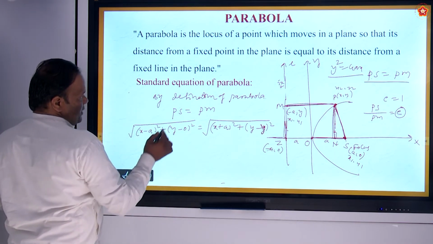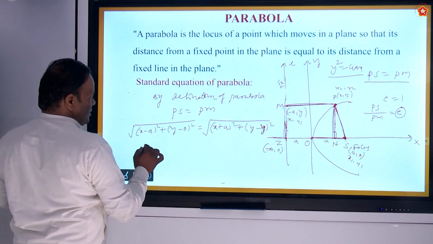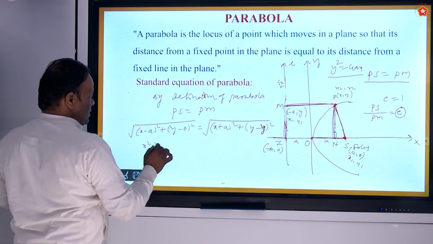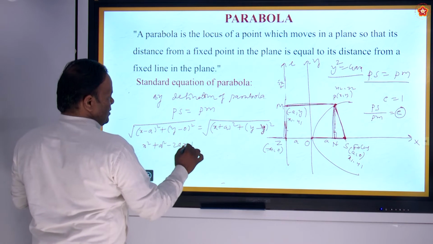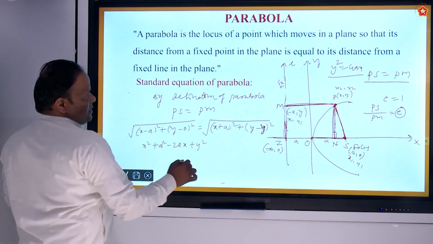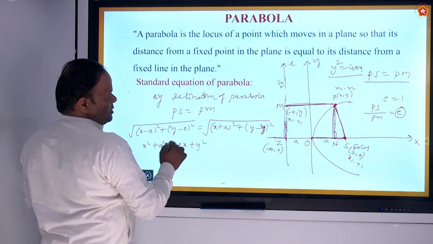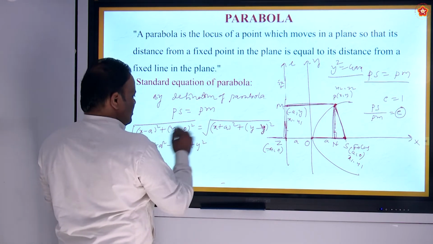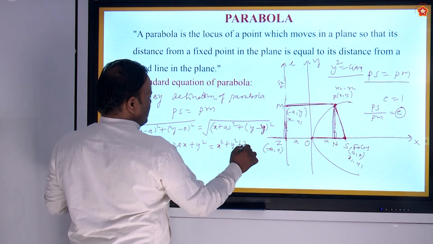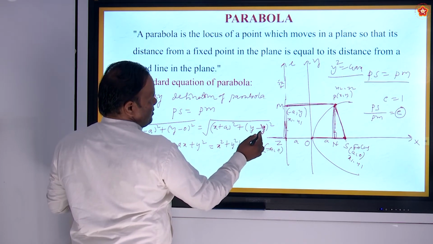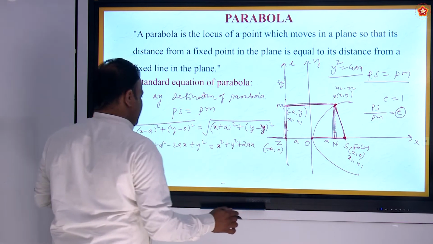Now squaring on both sides and simplification. This becomes x square plus a square minus 2ax plus y square. Squaring on both sides, the roots get cancelled, and this equals x square plus y square plus 2ax plus a square. Y minus y is 0, and 0 square is 0, no need to write.